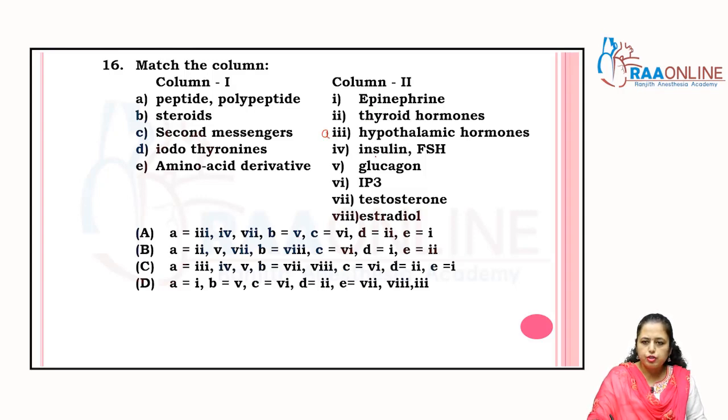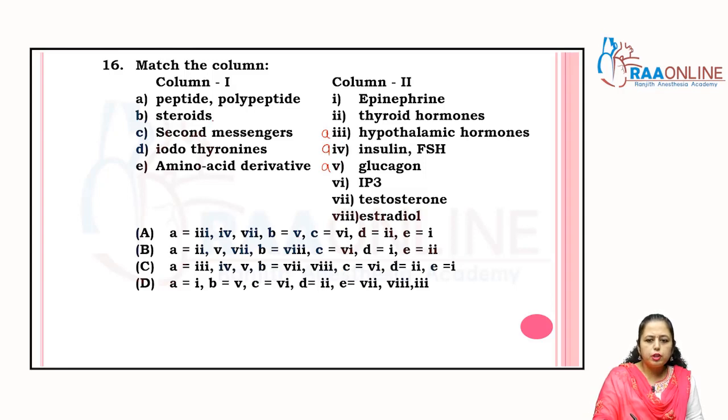After that, insulin and FSH are also peptide and polypeptide hormones, right? Glucagon is a peptide and polypeptide hormone. Then IP3 inositol triphosphate, no; testosterone, no; estradiol, no, right? So A is 3, 4, 5.